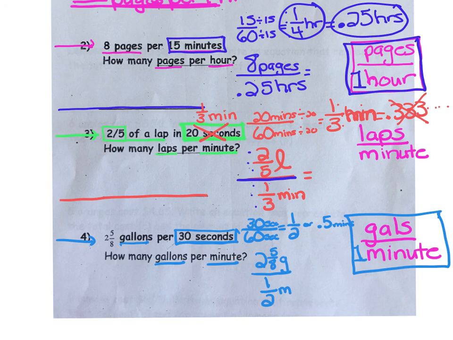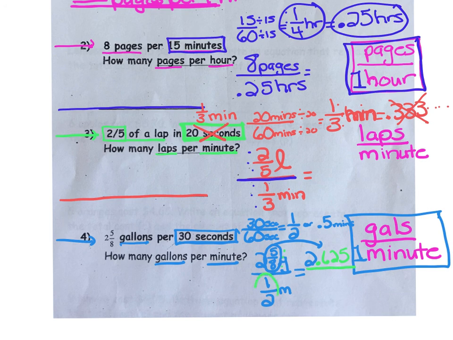Or we could just convert everything into decimal form. You can take 5 divided by 8 and punch that into your calculator right now to get the decimal equivalent. When we convert that into a decimal, you get 0.625 gallons.